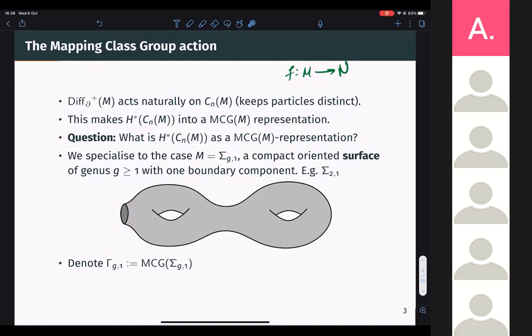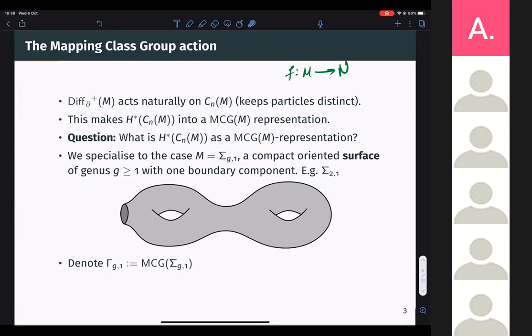Actually, I am working currently on closed surfaces, but you have to first do surfaces with boundary. I will denote by Gamma_{g,1} the mapping class group of Sigma_{g,1}. That's a group that lots of people care about. I hope that you also care about it.